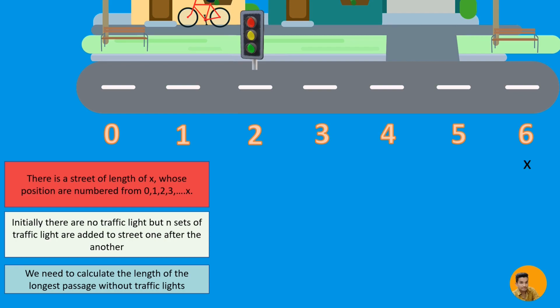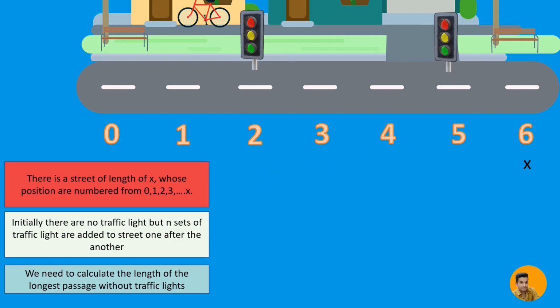First is this, and the other one is this. So we get 6 minus 2, that is 4, and 2 minus 0, that is 2. So we get these new distances and we need to calculate the length of the longest passage without traffic light. So this is the length of the longest passage, which is 4.